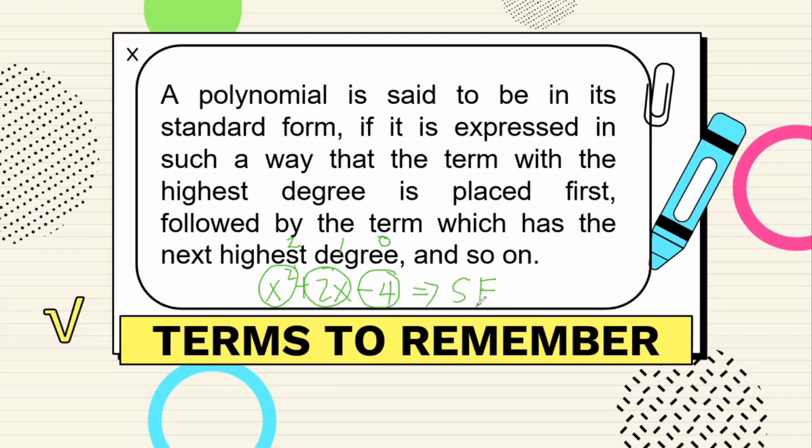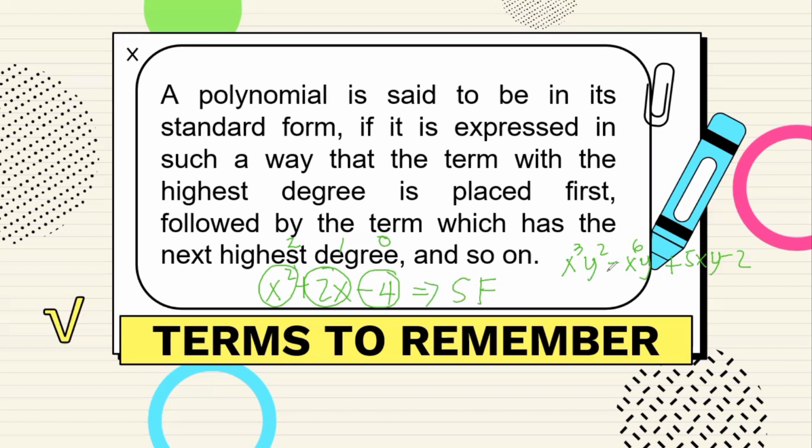Okay? So, masasabi natin na yung polynomial ay hindi siya naka-standard form kapag, okay, say for instance, we have x raised to 3y squared minus x raised to 6y plus 5xy minus 2. Okay, so we have x cubed y squared minus x raised to 6y plus 5xy minus 2.